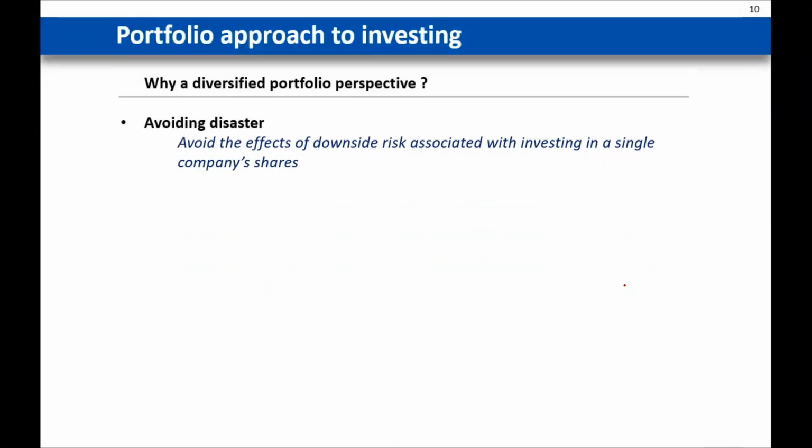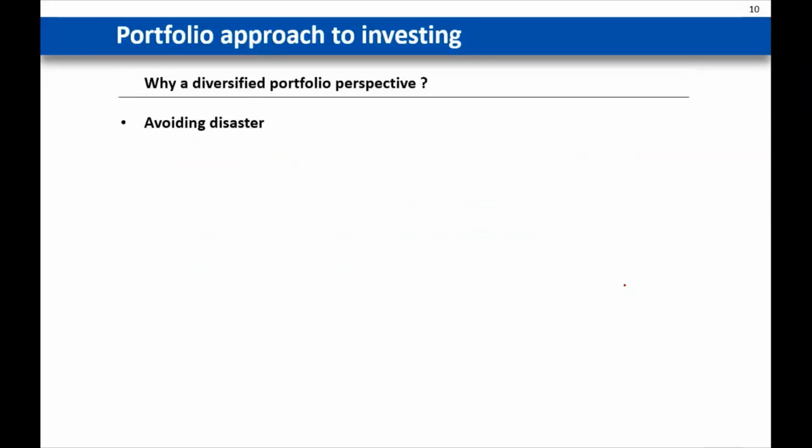But what is the reason? Why do you need to think from a portfolio perspective? Okay. Usually people have a tendency that if I give you 100 taka, or if you have 100 taka, you like to invest equally in the available investments you are considering.